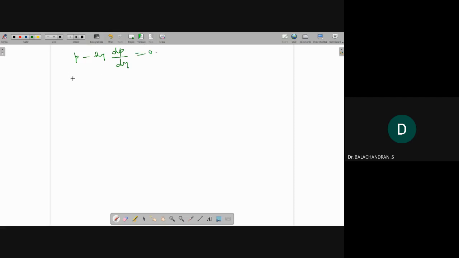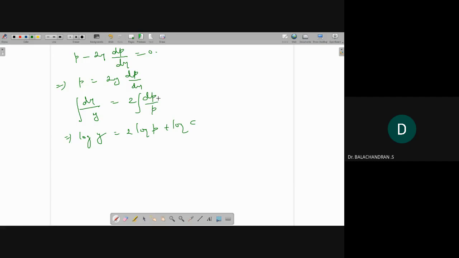Now p equal to 2y into dp by dy, or dy by y equal to 2 into dp by p. So log y equal to 2 log p plus log c.